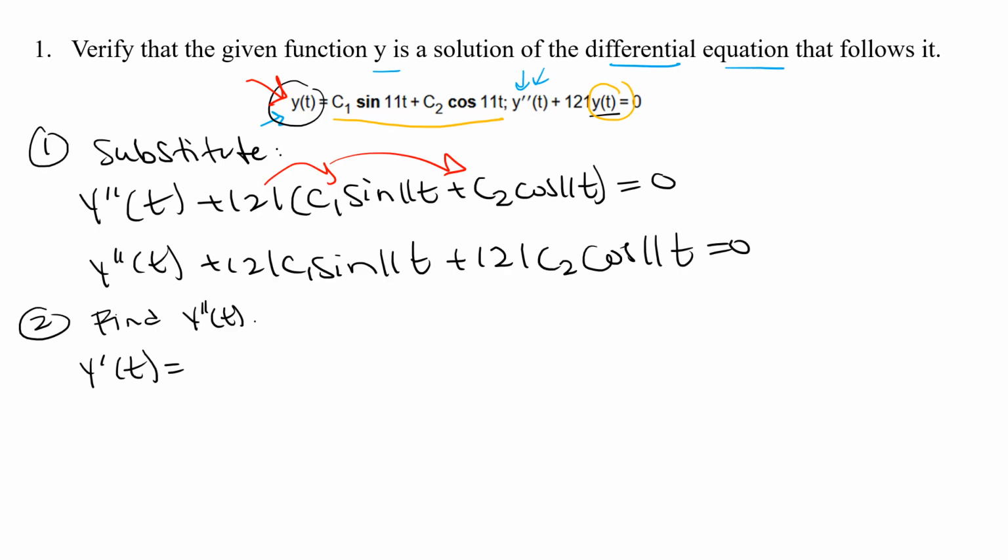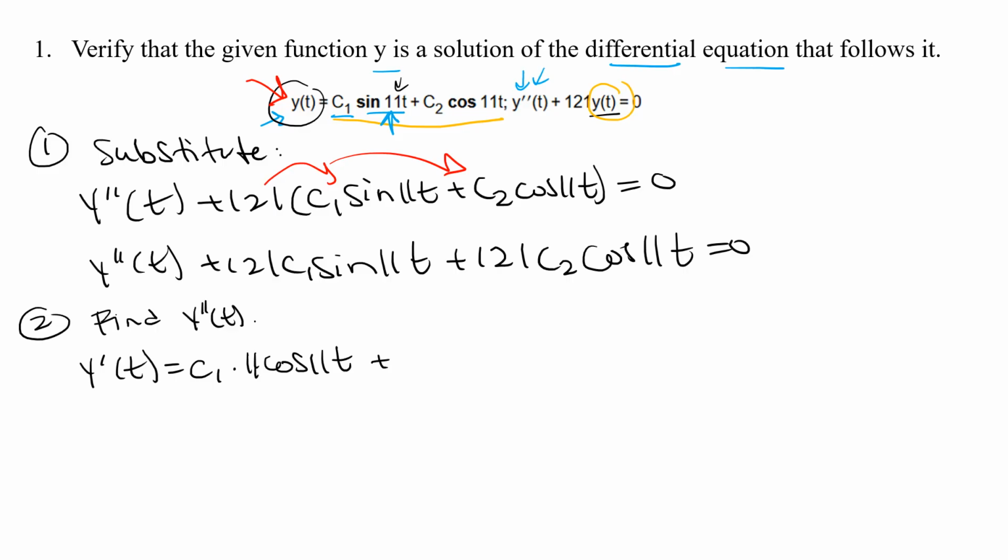So we have this sine of 11t, right? When we have that c1 in front, that's just a constant. We will just pull that down. But remember, to find the derivative of this, you have to take the derivative of the inside times the derivative of the outside, okay? So we're going to simply bring down the constant c1, and the derivative of the inside here is just 11, and the derivative of the outside, so the derivative of sine, is just cosine, okay, keeping the inside the same.